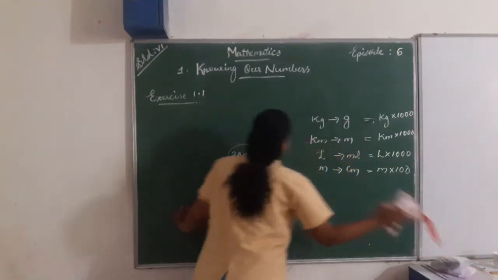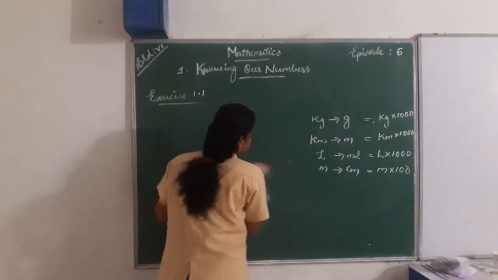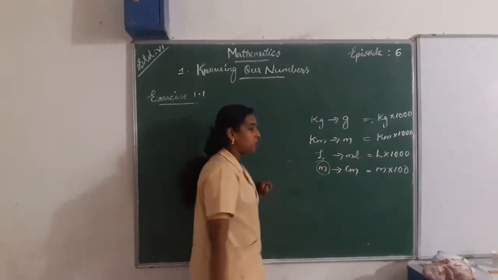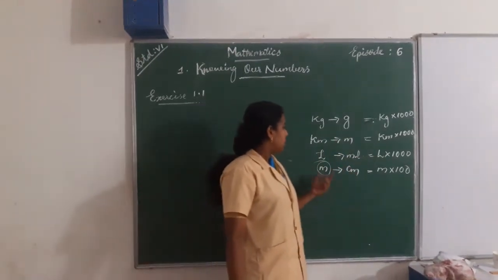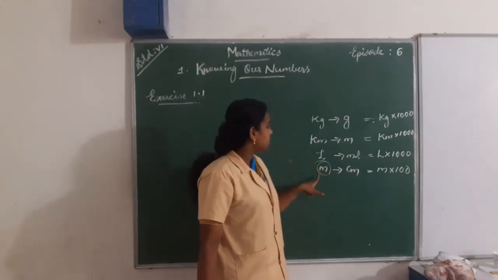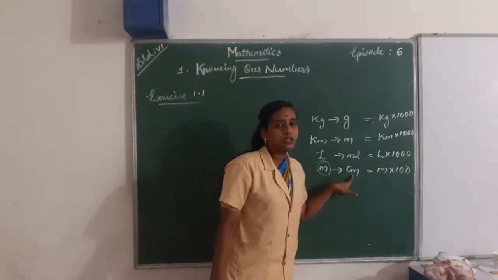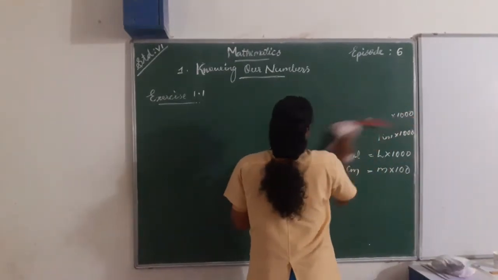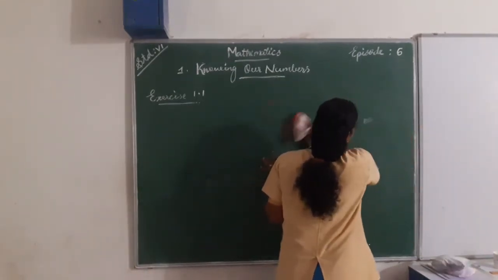So to convert meter into centimeter, we multiply the number of meters by 100. This conversion is used in our exercise 1.1.